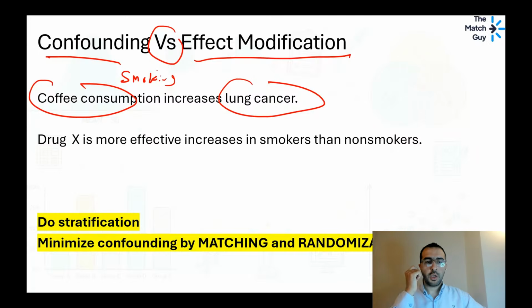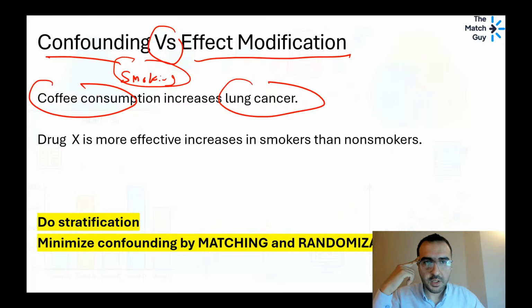So smoking here is considered a confounder, right? Because if you were to make a study, like enroll some people who are consuming coffee, most of them will develop lung cancer. But the fact is that smoking is the risk factor responsible for lung cancer. So this one is called confounding bias.